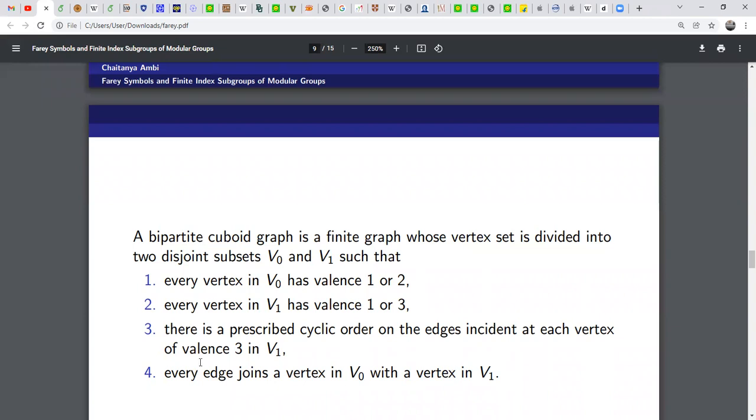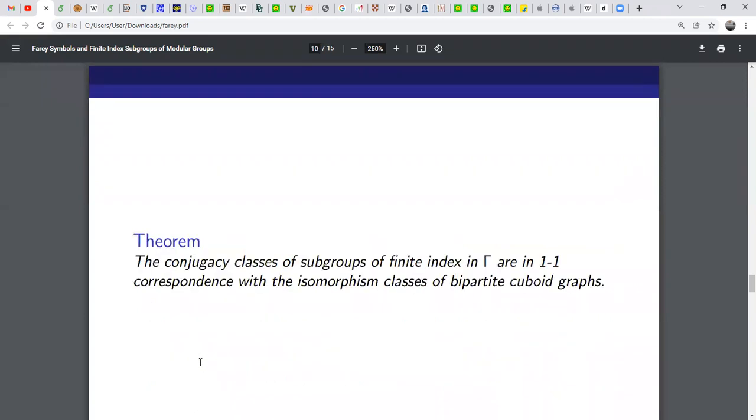So these graphs help us depict what is happening, and as we shall see, they will form a one-to-one correspondence. Of course, a bipartite cuboid graph is determined up to isomorphism, but isomorphism classes of bipartite cuboid graphs are in one-to-one correspondence with conjugacy classes of subgroups of finite index of the modular group.